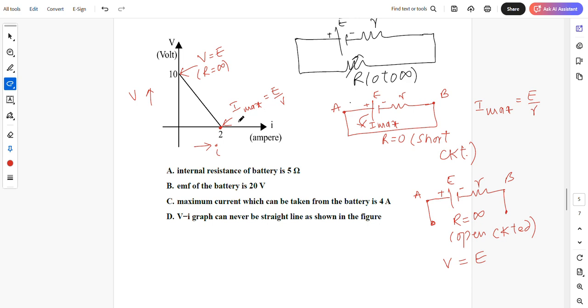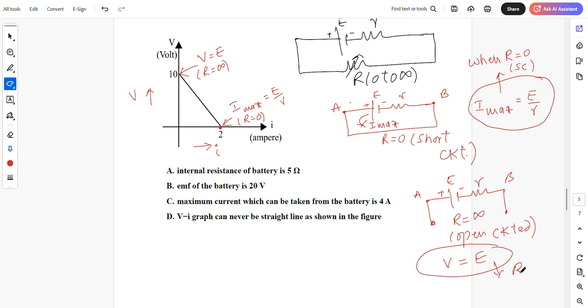And when R is equal to 0, I max is E by R. When R is equal to 0, it is short circuit, SC, and V is equal to 0. When R is equal to infinity, it is open circuit, and V is equal to E, which is 10 volts. Now understood.